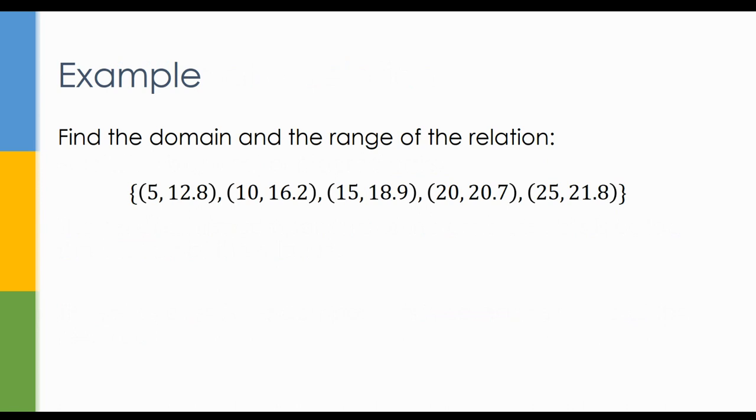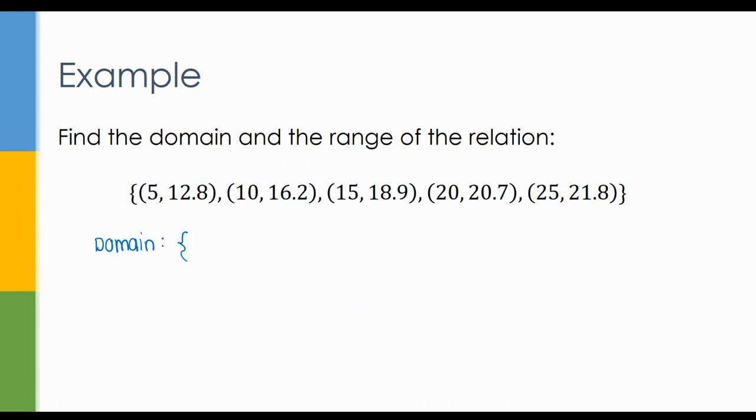So we're going to find the domain and range of the relation. Notice that it's a relation because we have a bunch of ordered pairs. To find our domain, we are going to identify all of the x values in our ordered pairs. How we write it is with our little bracket.